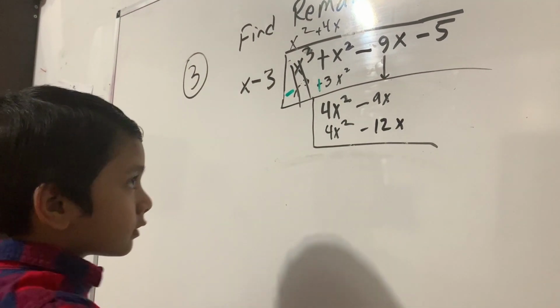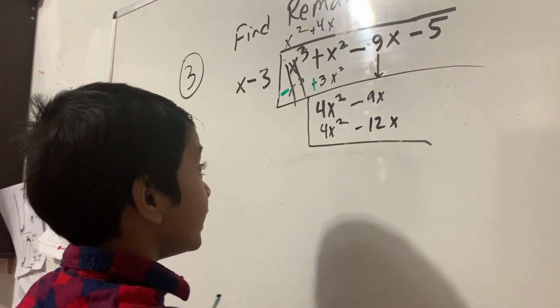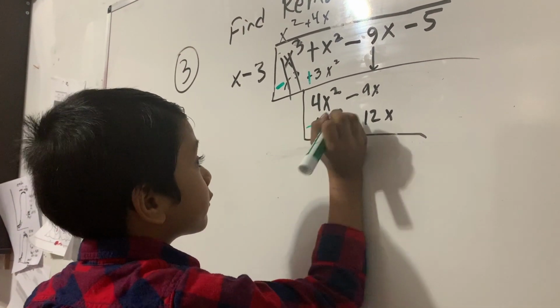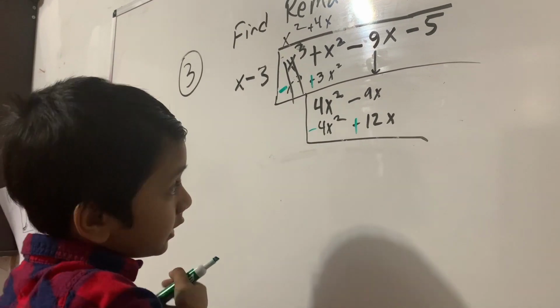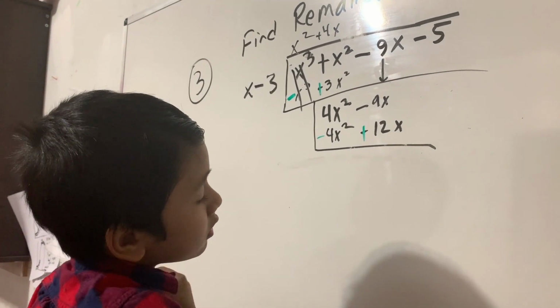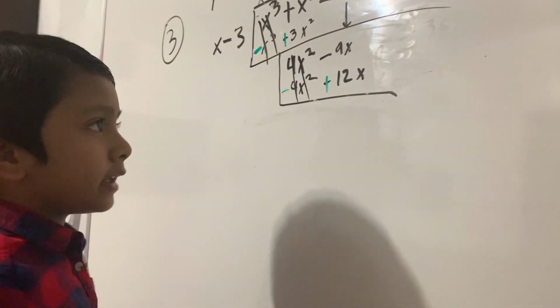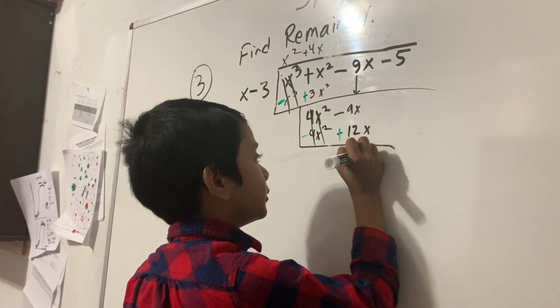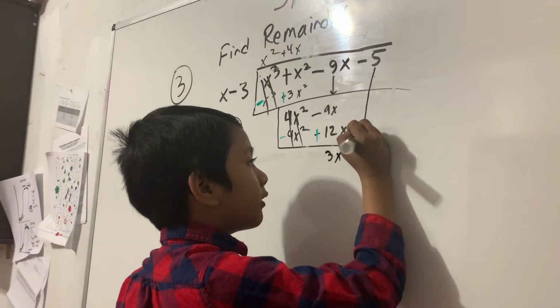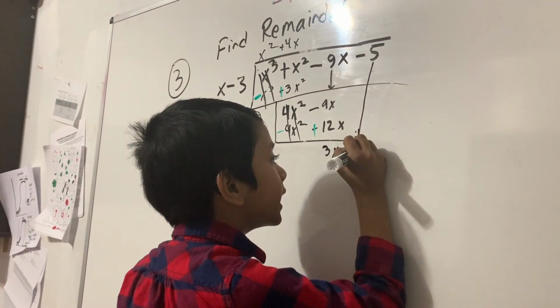We want to cancel this, so we change the sign. Take out our green marker again and change the signs. And now we are free to cancel this, and this becomes 3x. And now our minus 5 comes down.